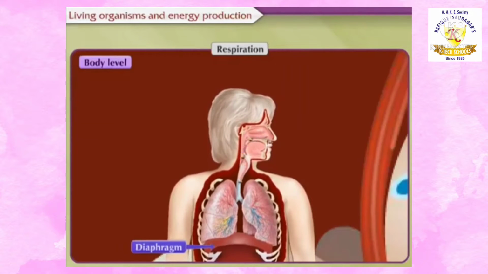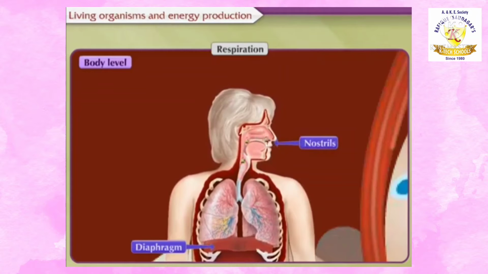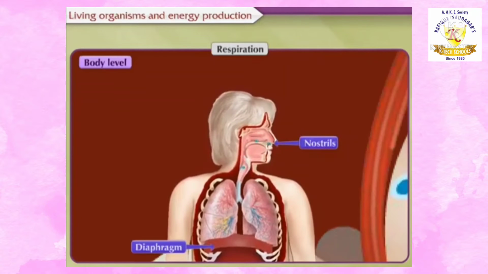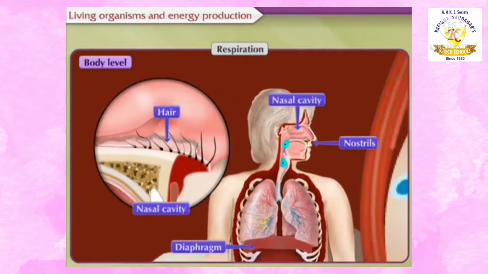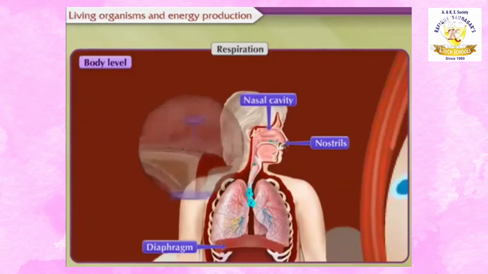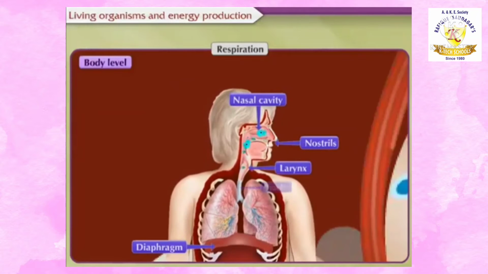When diaphragm contracts and moves downward, air is taken into the body through nostrils. This air enters the nasal cavity and then through the larynx it moves into trachea.